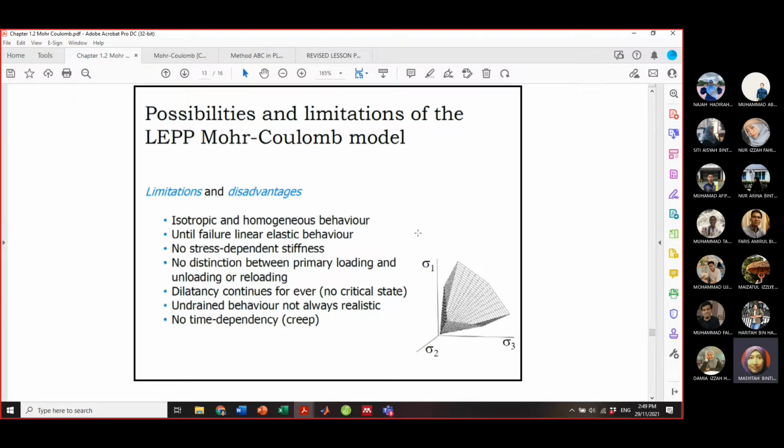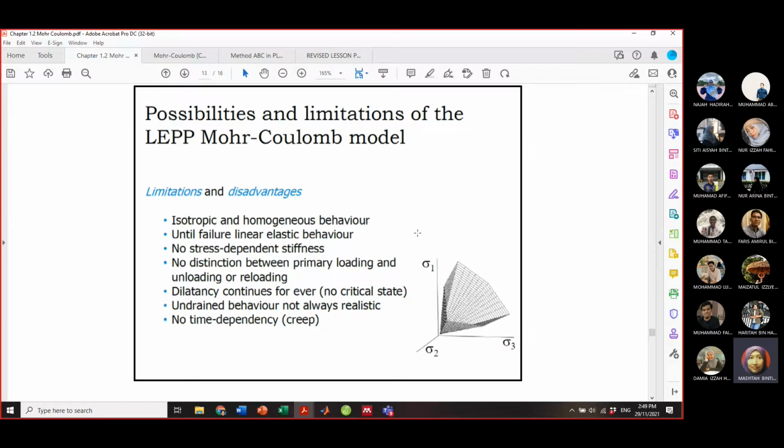Why, from a heterogeneous soil profile, would you still want to use the Mohr-Coulomb model, when it is already stated that its limitation is isotropic and homogeneous behavior only? If you want to predict anything other than linear elastic perfectly plastic, it is not suitable. Mohr-Coulomb is no longer the suitable model.